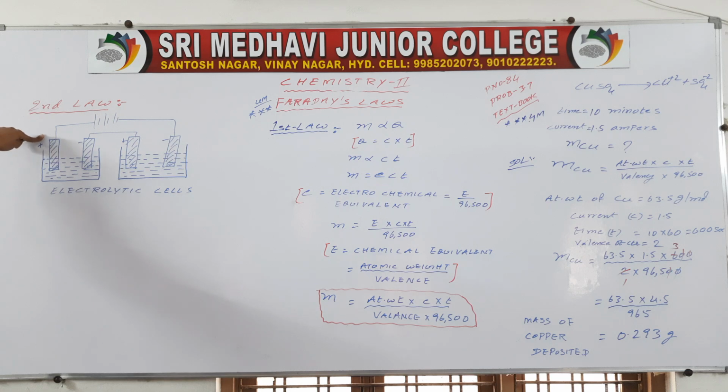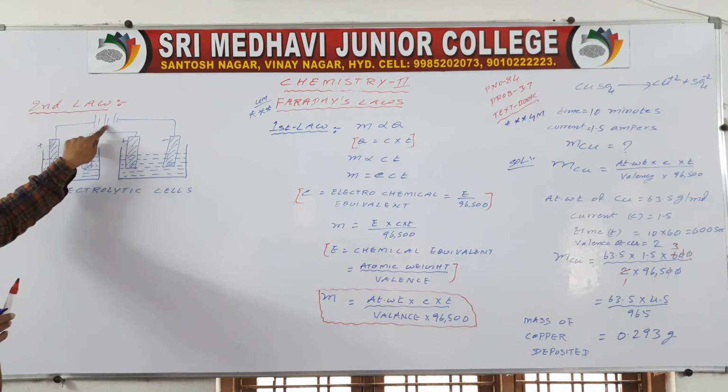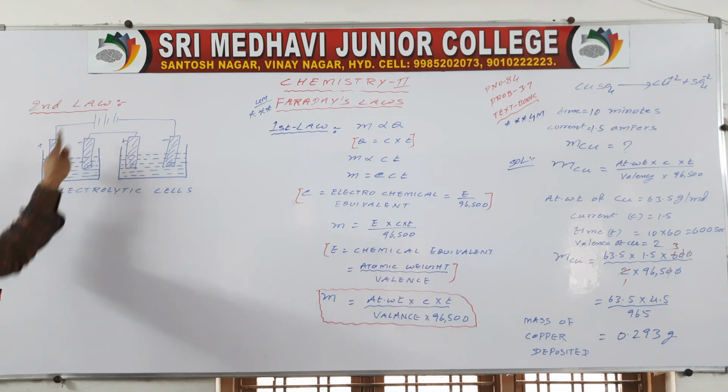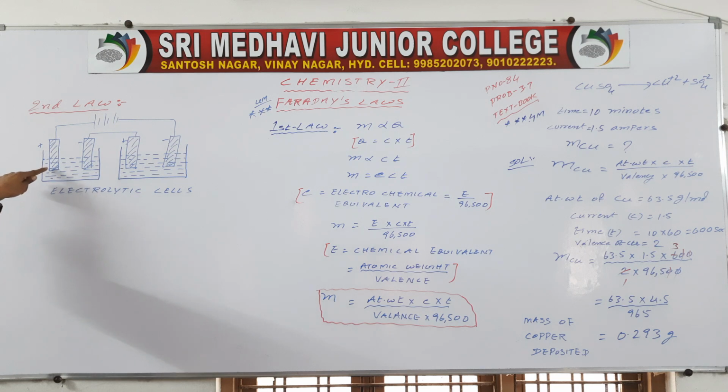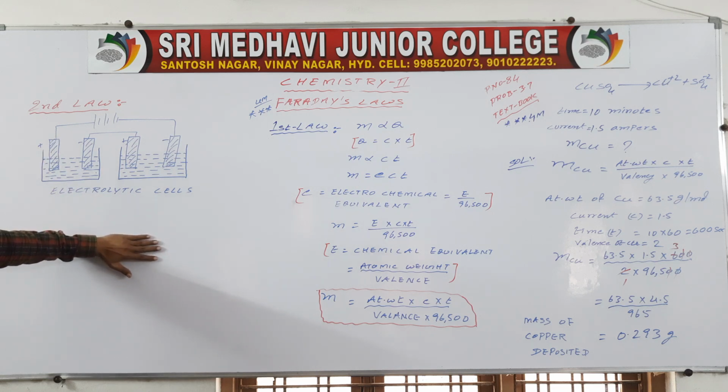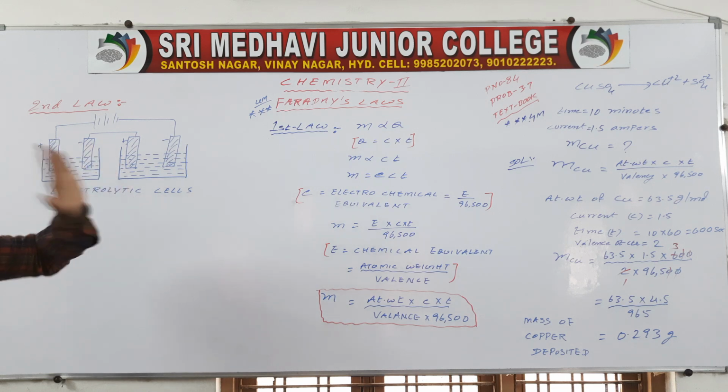When two or more electrolytic cells are connected in series, the same quantity of electricity is passed through the electrodes, then the substance deposited, liberated or dissolved at an electrode is directly proportional to their equivalent weights.